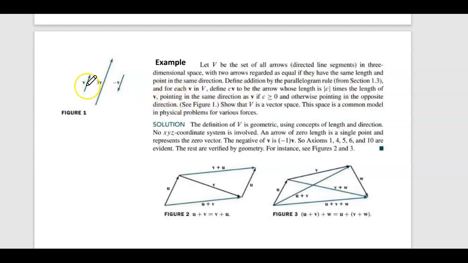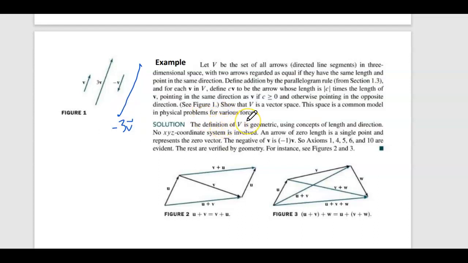So if you have v, then 3v points in the same direction and it's 3 times as long. Now, if we have a negative, it says here pointing in the same direction if c is positive and pointing the opposite direction if it's negative. So pointing this way, but that multiplier is still the length. If it's negative 3v, then you would have a vector that looks like that.